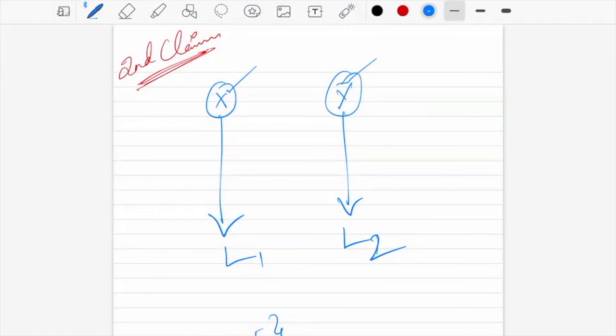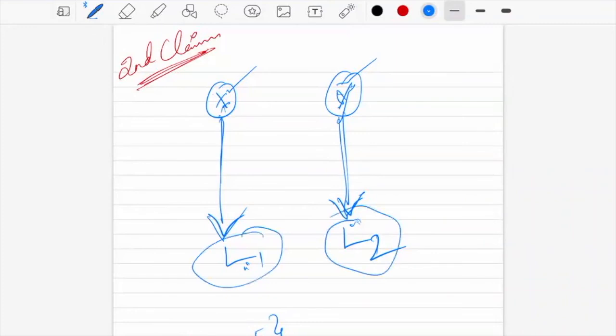Let's consider that instance X is reaching leaf node L1 in some path, and instance Y is reaching a different leaf node in a different path. So our basic claim is to prove that these two instances are reaching in a different manner.